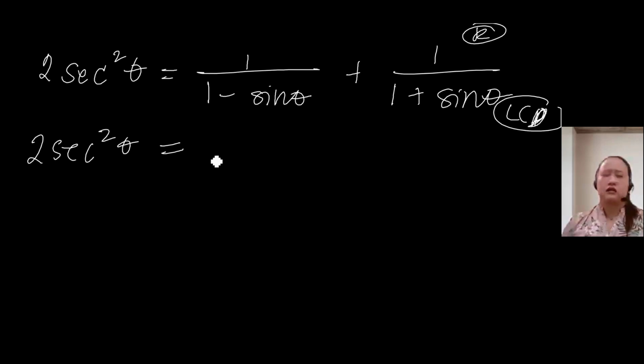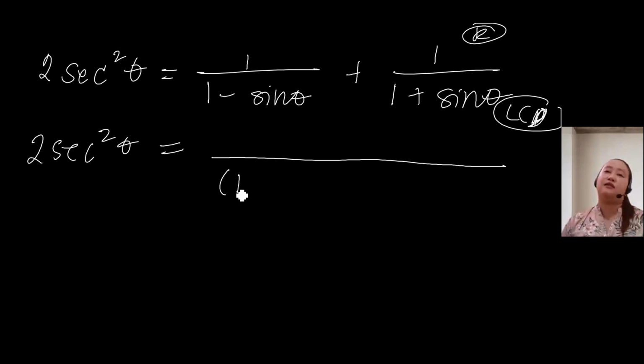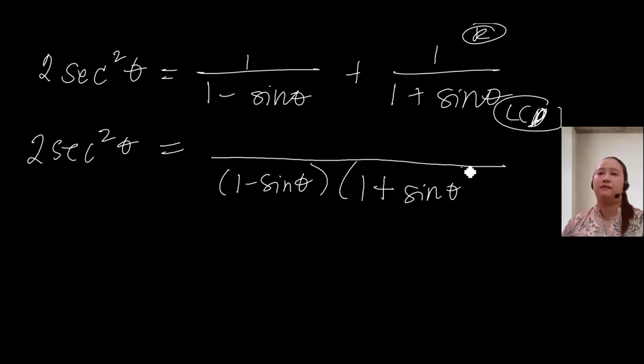Apply LCD. So the least common denominator of this, you can just multiply 1 minus sine theta times 1 plus sine theta. So multiplying this is equivalent to what? If you would like to have the product already, you may. But if not, let us just write it this way. But if you want to write the product, you can already do it.